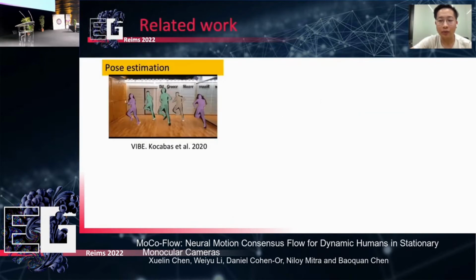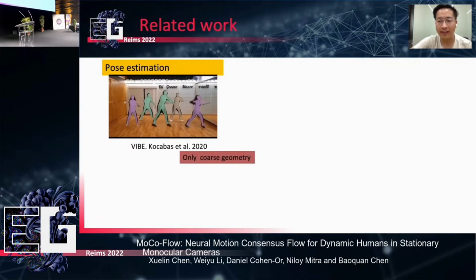Let's start with some related works about human performance capture. Human pose and shape estimation mainly focus on understanding behavior, producing only coarse geometry, for example, a simple template.